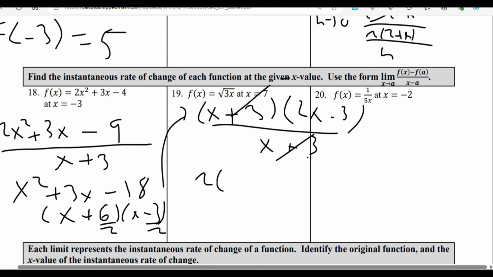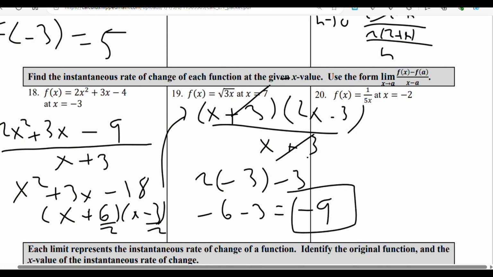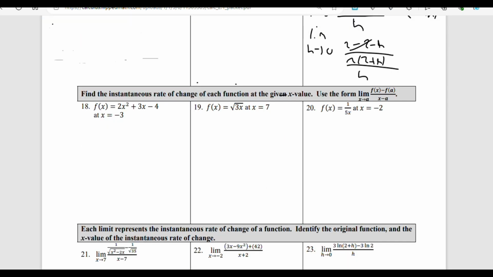And then remember, as x approaches negative 3, 2 times negative 3 minus 3. That is nothing but negative 9. Alright. Next problem. f of x equals square root of 3x at x equals 7.